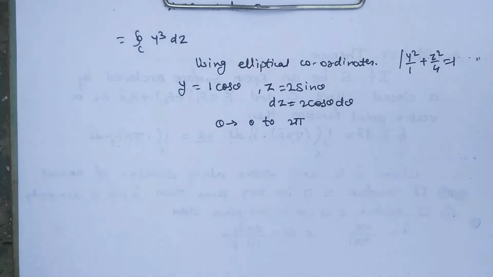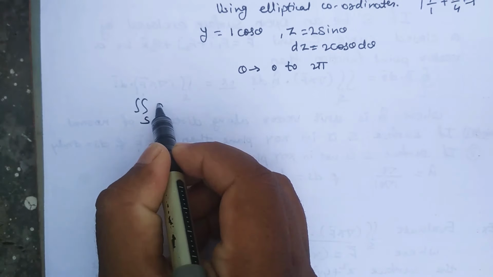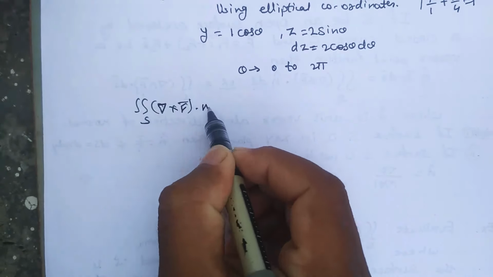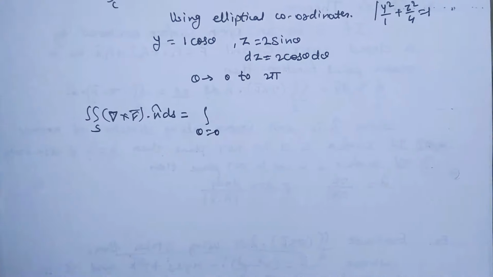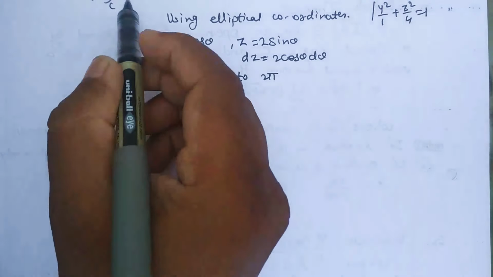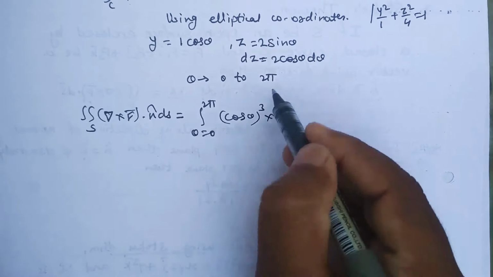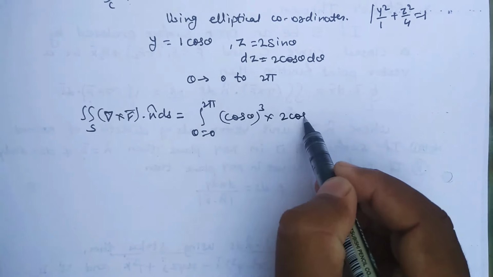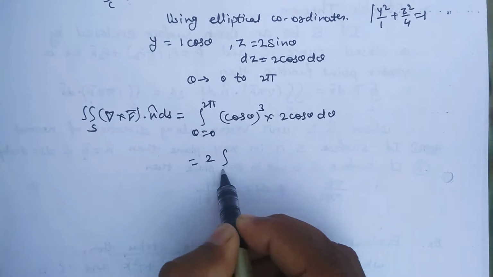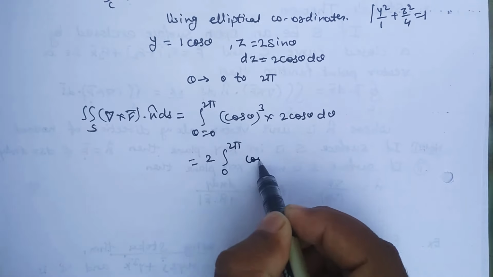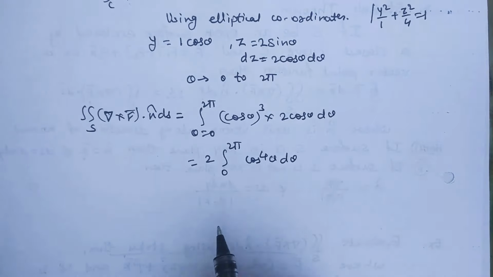After putting these values, we will get the double integration over S of del cross F dot n cap dS equals the integral for theta from 0 to 2 pi of y cubed, where y is cos theta cubed, into dz, which is 2 cos theta d theta. This equals 2 taking outside, integral 0 to 2 pi cos to the power 4 theta d theta, since cos cubed theta into cos theta is cos to the power 4 theta.